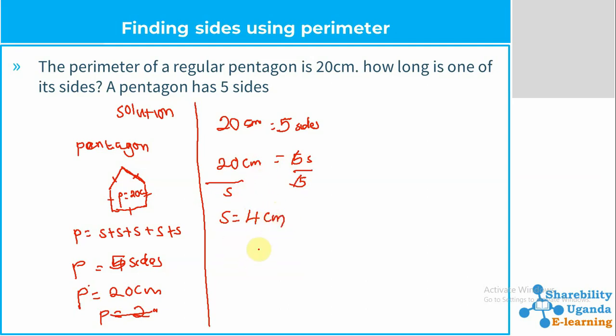So that simply means that each side of this polygon has 4 centimeters, 4 centimeters, 4 centimeters, 4 centimeters, then 4 centimeters. So you can now see that using this approach we can easily get the perimeter of our figures.